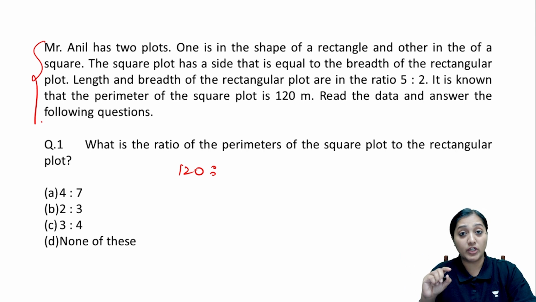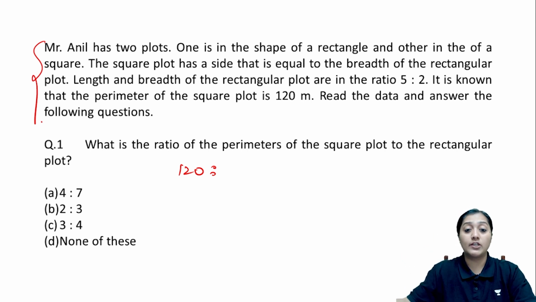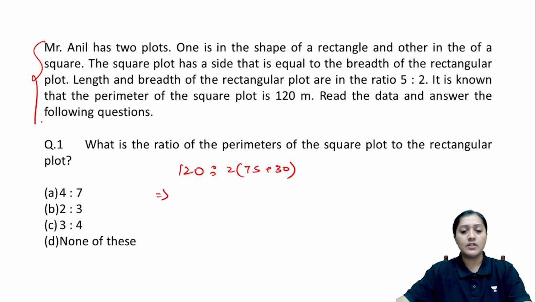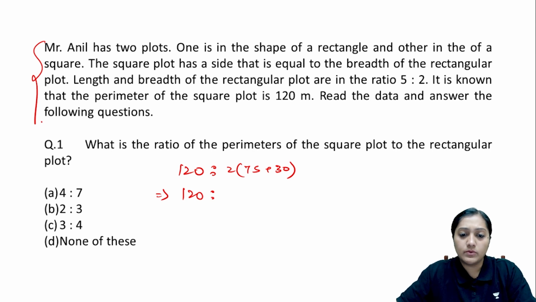And what was the rectangular plot's? Perimeter is twice into one of the sides, which was 75, another side was 30. Right? So this will give me together 120 here, and that's going to give me 210 here. Okay?